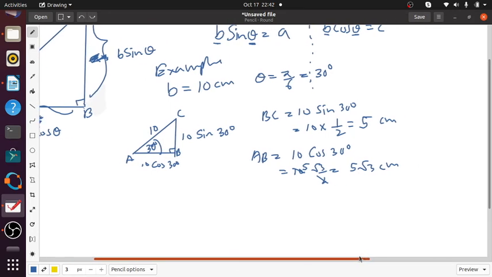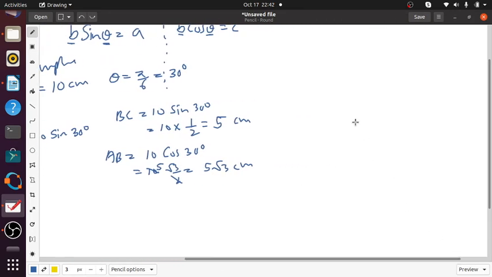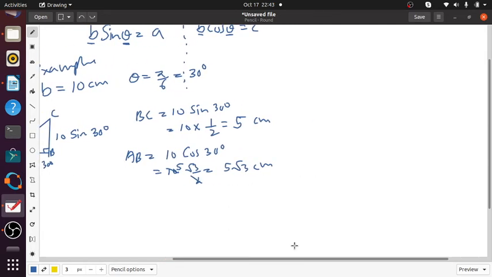So let's look at another problem. Let's say now the hypotenuse is not given. Say that we have a triangle here again. Let's say this is 60 degrees, and say this is 3 centimeters.